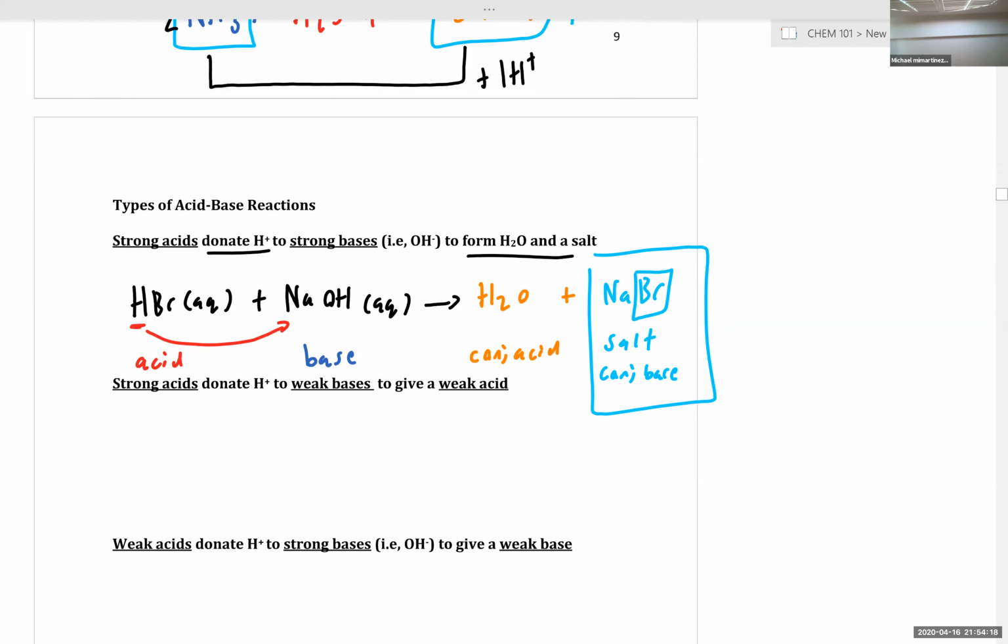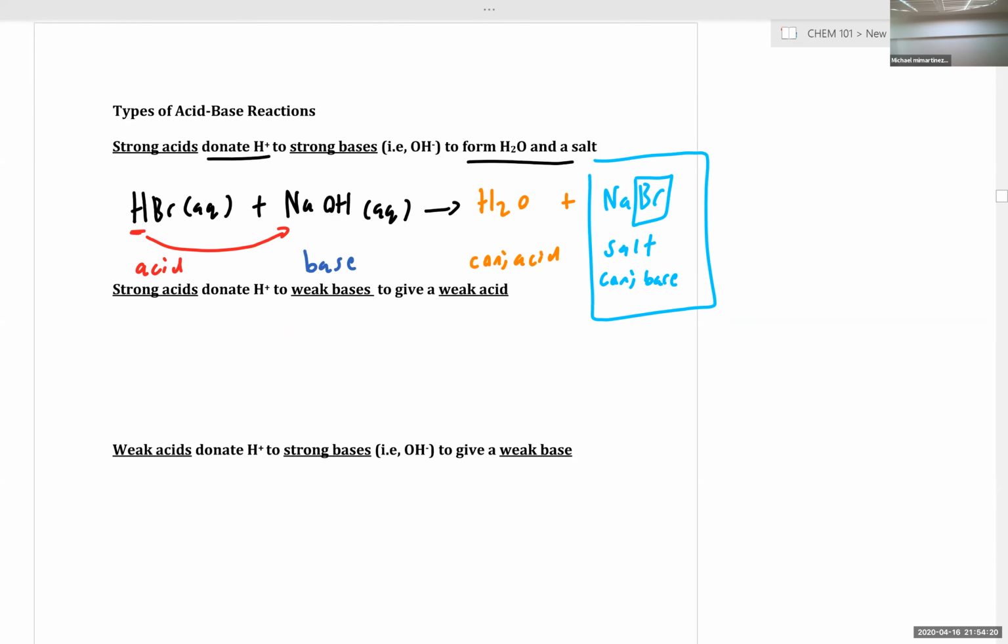Okay, let's keep going now. Strong acids, let's put another strong acid. What's another example of a strong acid? Sure, let's go with sulfuric acid, just so we can have some interesting stoichiometry at play. Would someone like to provide an example of a weak base?